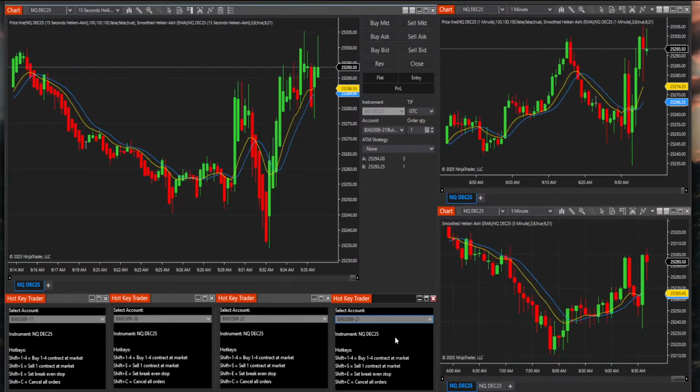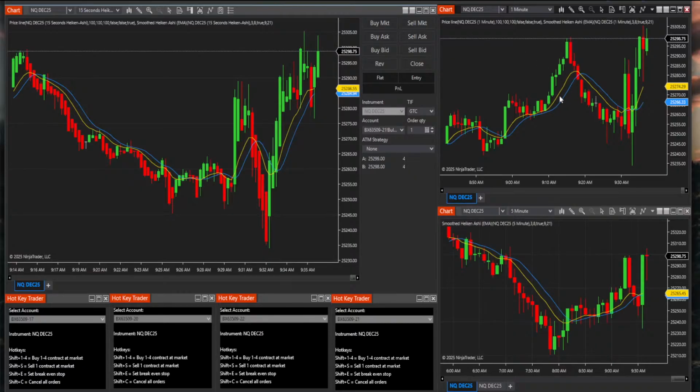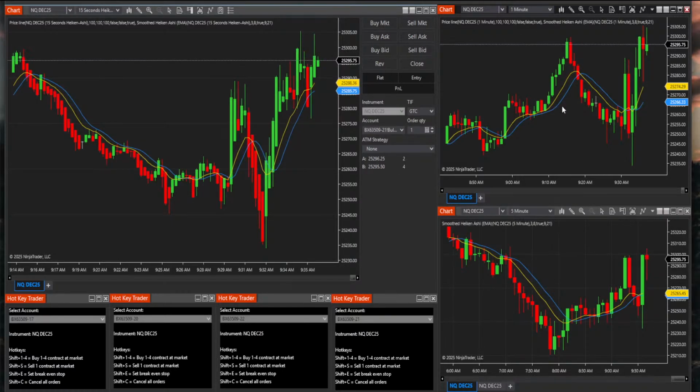Let's see if we can get some trades. I'm not going to take anything, but as you can see here on the 1 minute, the smooth EMA lines right here, this is a 1 minute chart, but these lines are not moving averages. This is the open. The yellow is the close of the 1 minute Heikin Ashi, and the blue line is the open.